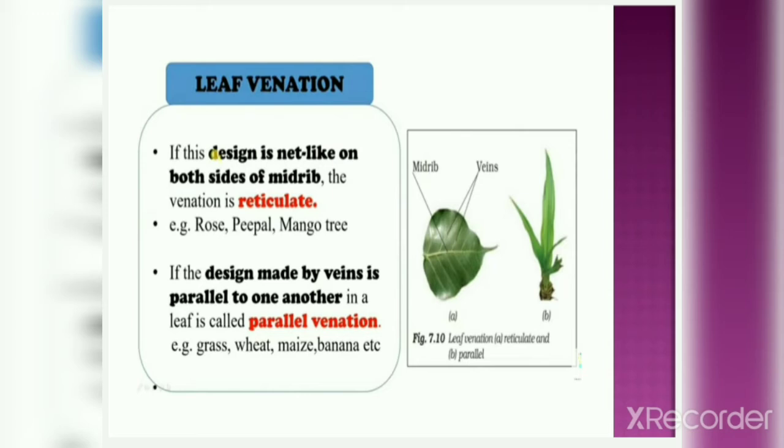If this design is net-like on both sides of the midrib, the venation is reticulate. You can see in the picture the design is on both sides of the midrib, like the leaf in figure A. This type of venation is called reticulate venation, found in rose, peepal tree, mango tree, etc.